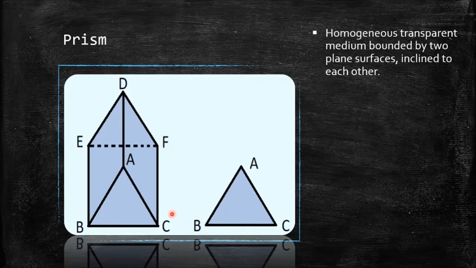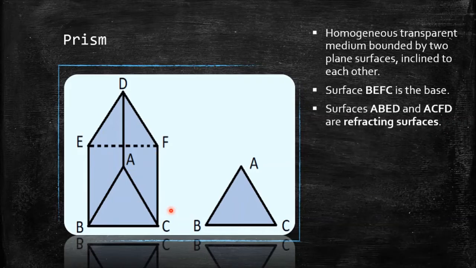So, as per this structure over here that I have of a prism, BEFC is going to be the base of the prism. Also, the surfaces ABED and ACFD, that is, these two tapering surfaces, are also called the refracting surfaces.